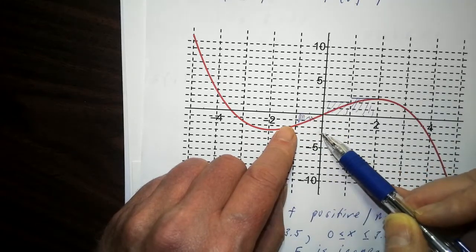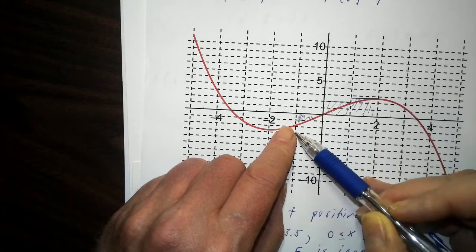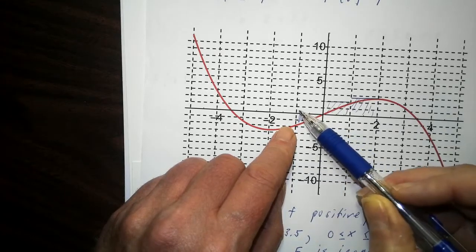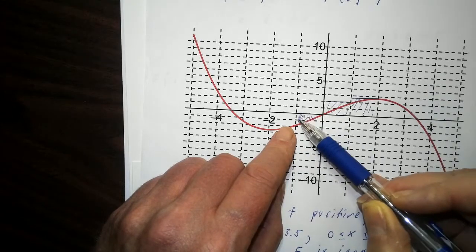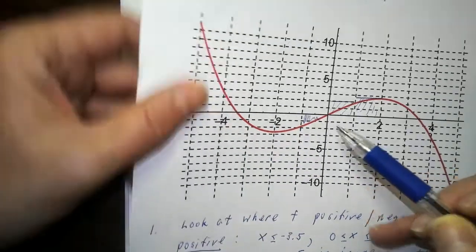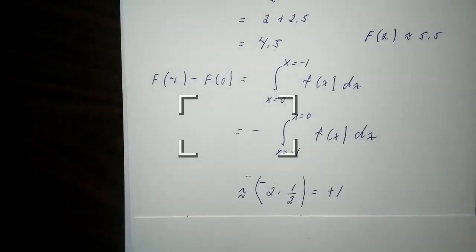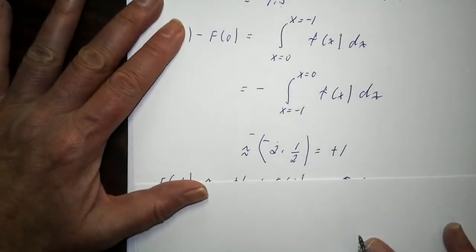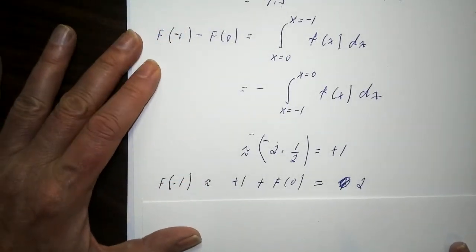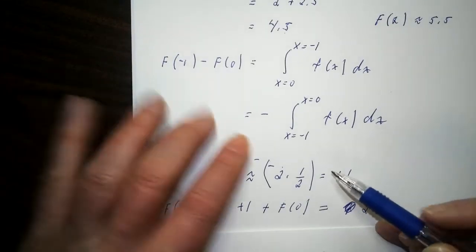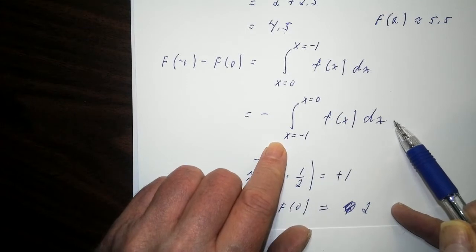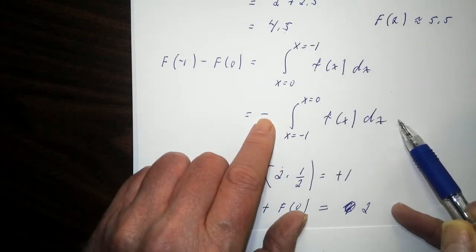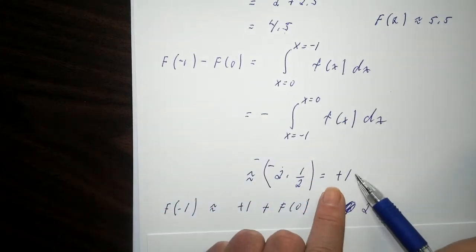If I halve that, I get 1. But the graph is completely below the axis, so the integral would be the negative signed area, which is negative 1. So the integral from minus 1 to 0 would be minus 1 if we approximate it. But then there's a minus sign out in front, so we end up getting a positive 1.